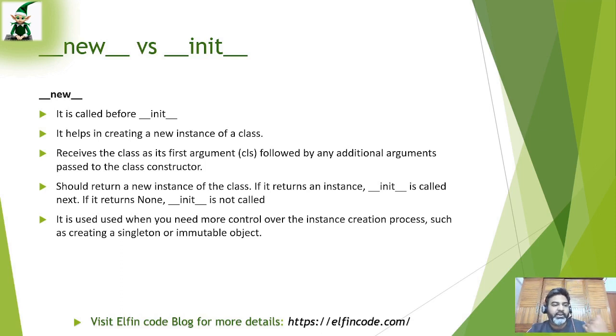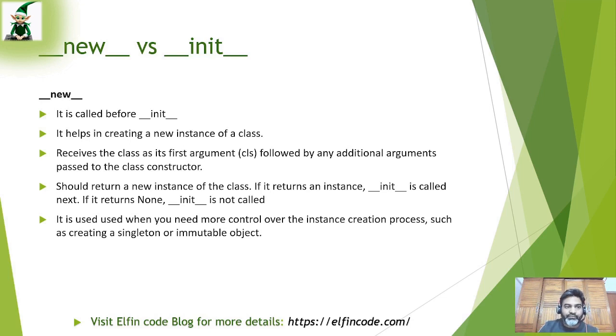The fourth point, it should always return the instance of the class. So it creates the instance and then it should return the instance of the class. But in case you're not returning any instance of the class, then the init method which is there inside your class definition will not be called.